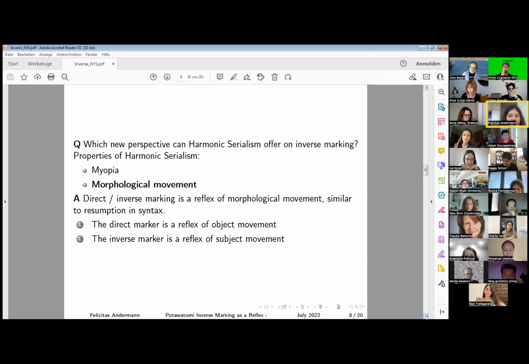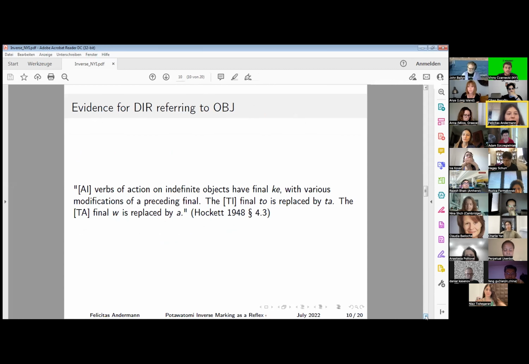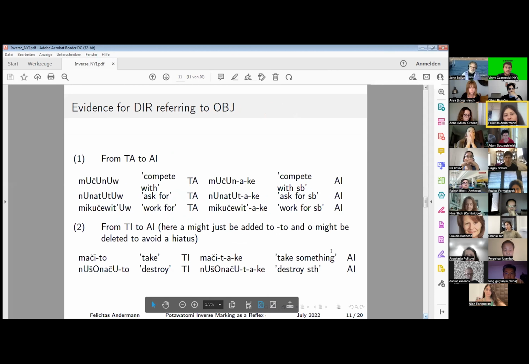The direct marker is a reflex of object movement. The inverse marker is a reflex of subject movement. You have independent evidence for morphological movement from Bantu languages. You have independent evidence for direct markers referring to object movement in paradigms of intransitive verbs that take underspecified objects.